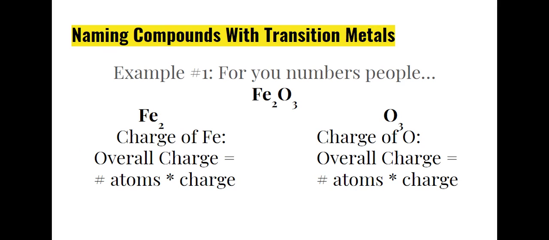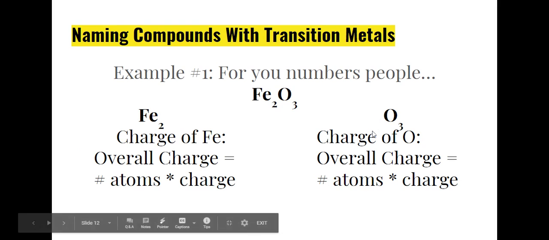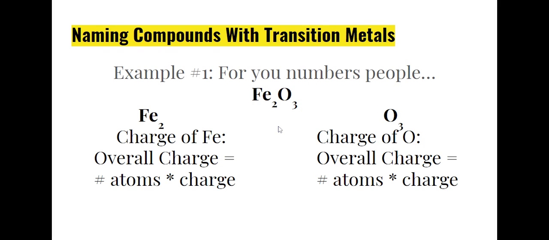So for an example, for people who like numbers, you have iron and oxygen. You have 2 atoms of iron and you have 3 atoms of oxygen. We know oxygen has a specific charge. Does anybody remember the specific charge of oxygen?